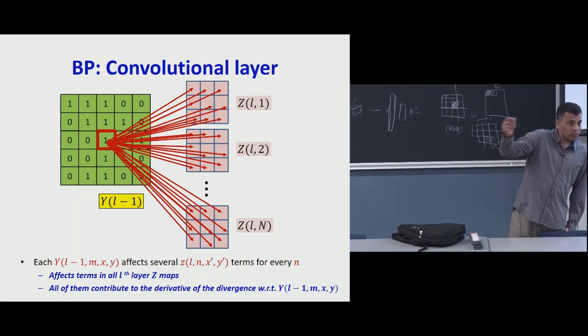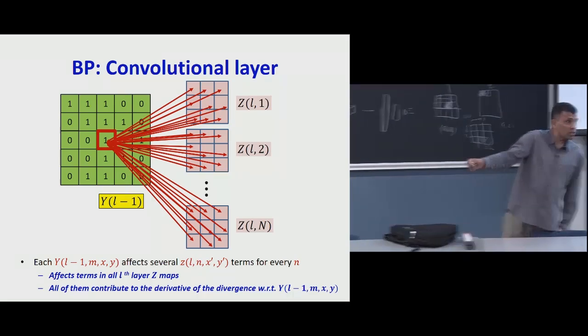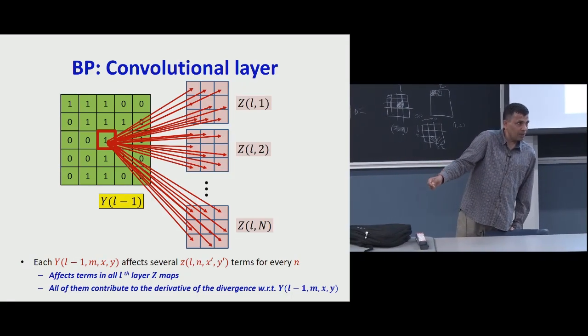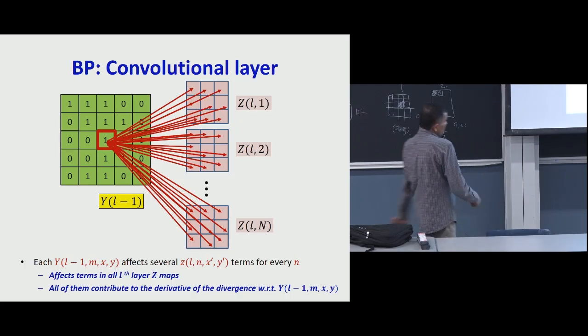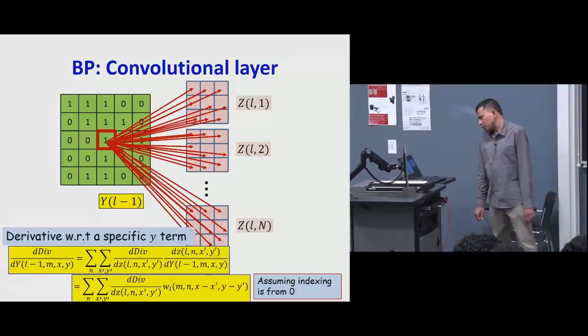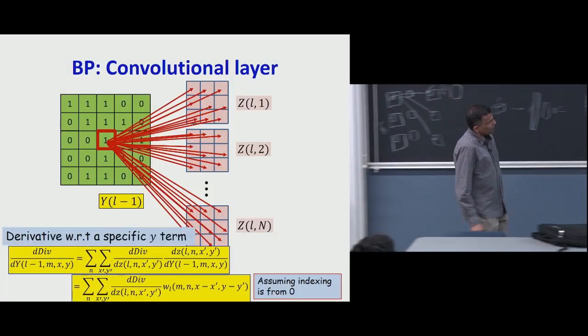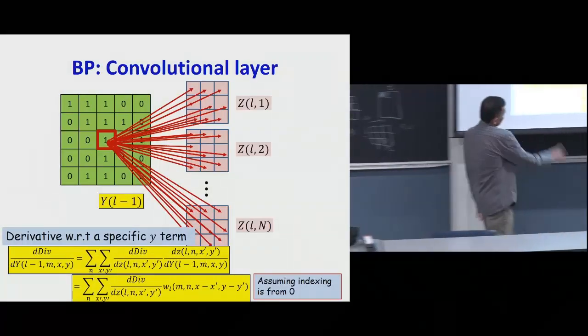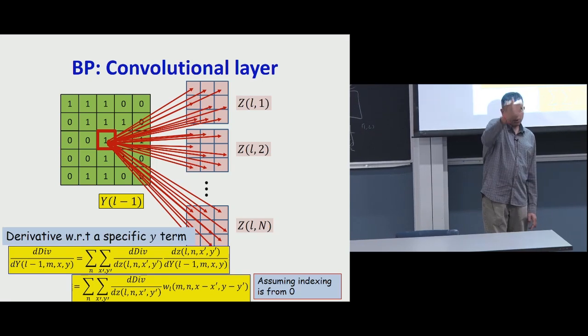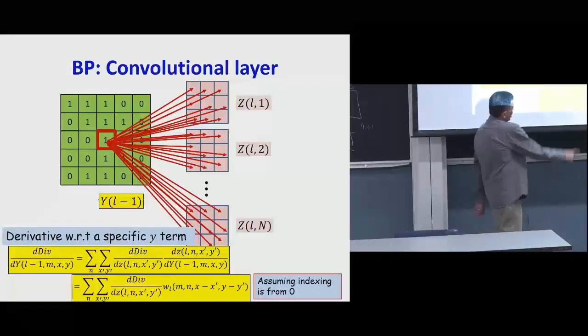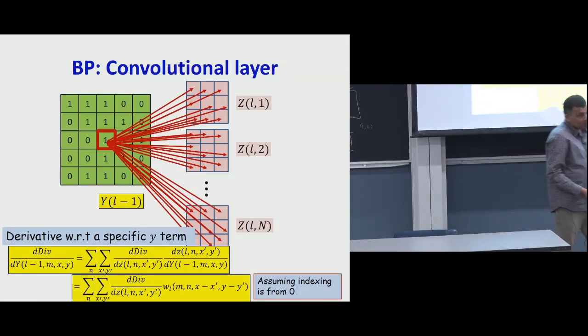Changing any one of those Z's is going to change the divergence. So if I want to compute the derivative with respect to that XY, I would be summing over all the planes, over all the indices on Z.